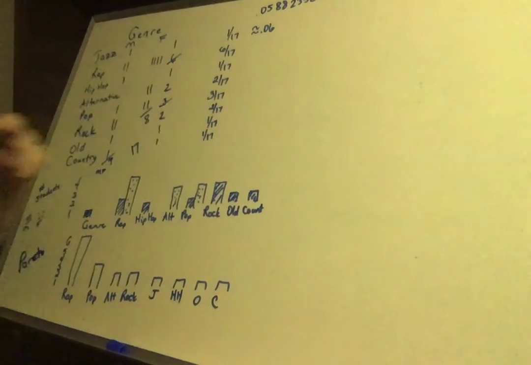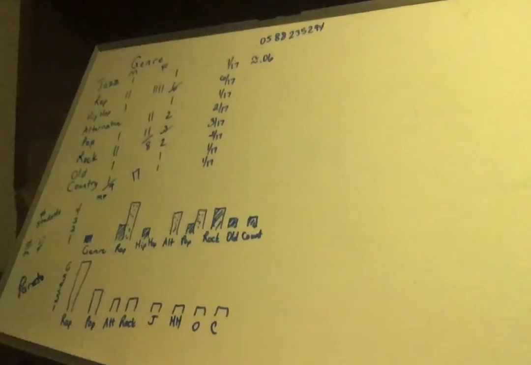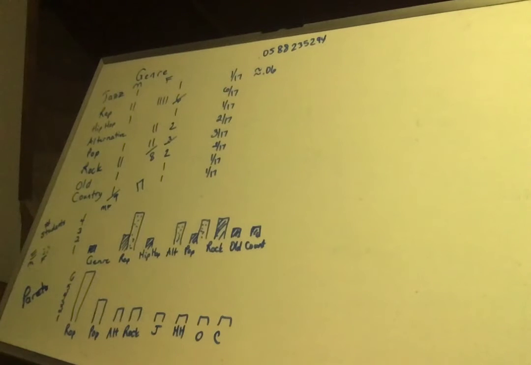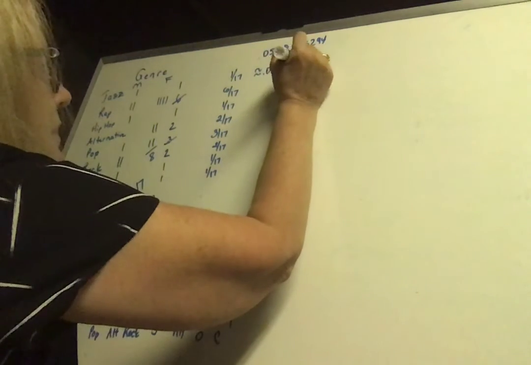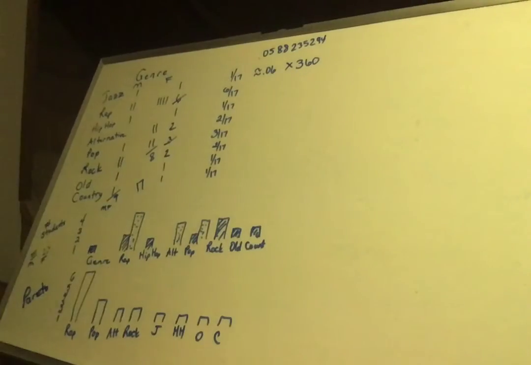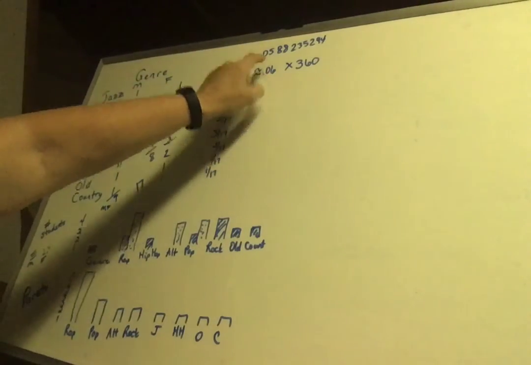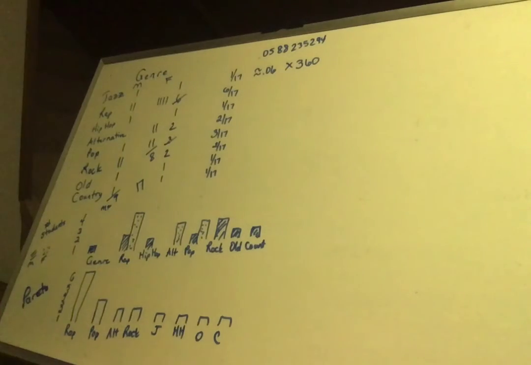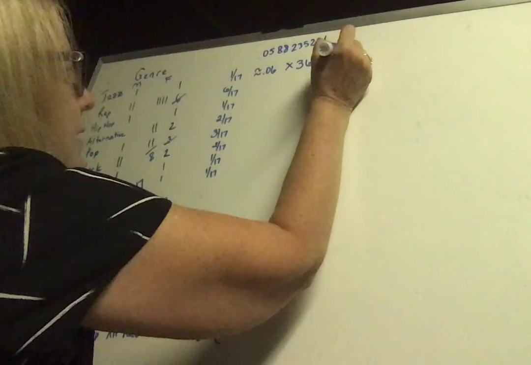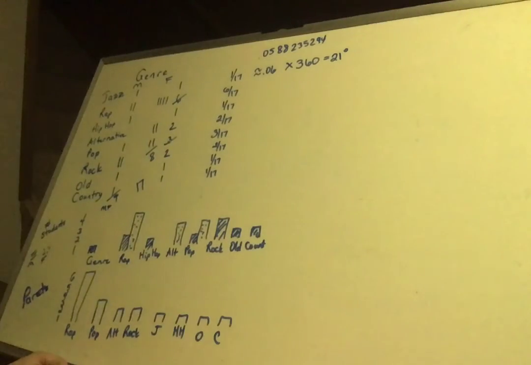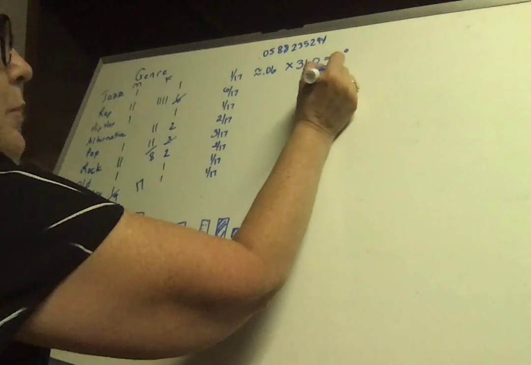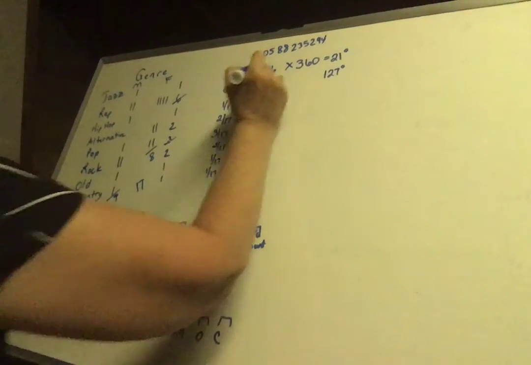I wrote down the 0.06, but to figure out the number of degrees to put on a circle graph, you have to take that number times the number of degrees in a circle. You had that in geometry. I'll give you a minute to think about it. Hopefully you have remembered. It's 360 degrees. And when you put that whole number, not the 0.06, times 360, you get an answer of 21 degrees. And 6 out of 17 comes out 127 degrees because it's about 35%.